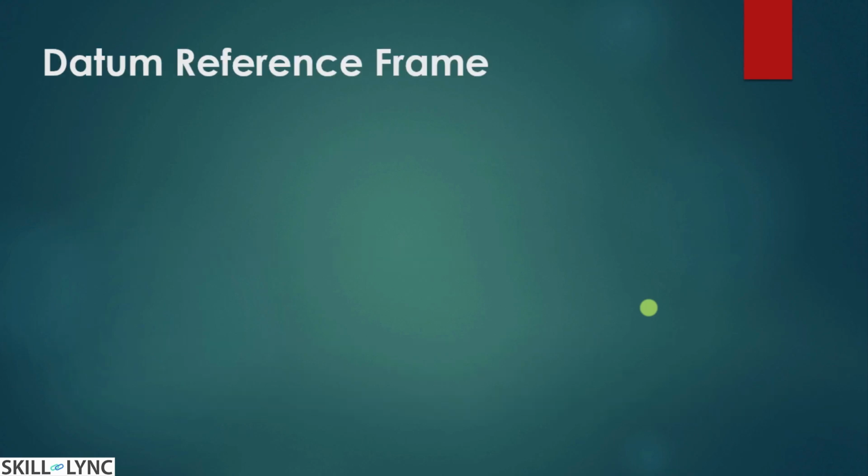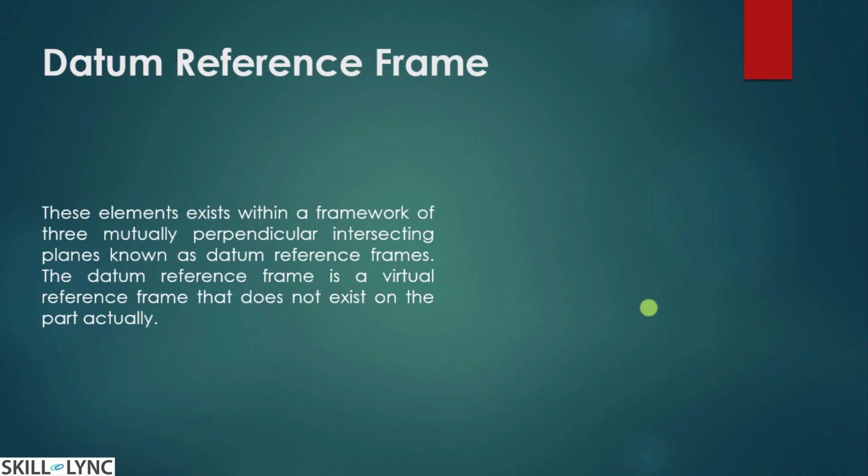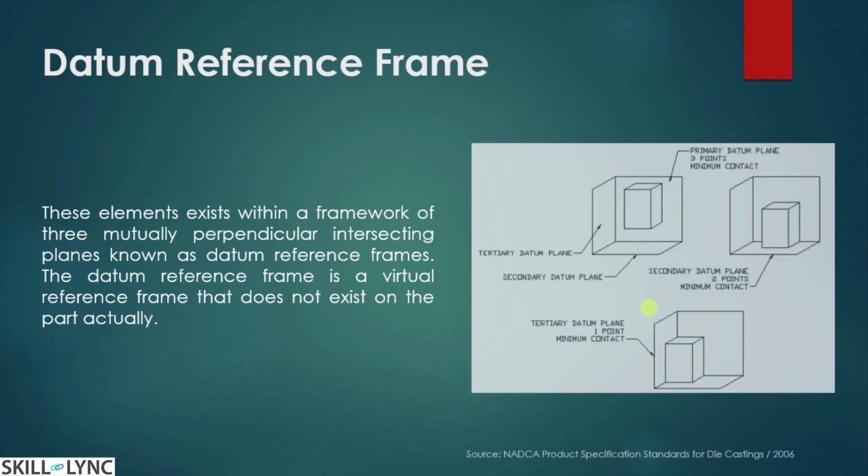So let's look into what the datum reference frame is. Datum reference frame elements actually exist within a framework of three mutually perpendicular intersecting planes. This is the virtual reference frame that will help denote the datums. You define a primary plane, a secondary plane, and a tertiary plane that will call for references from which the datum of the feature is referred to.